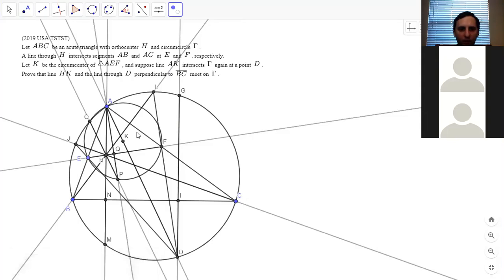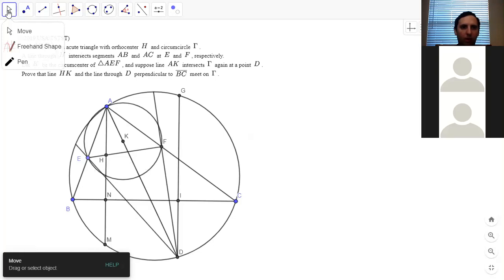You just hide everything which isn't related to the problem. Okay, all right, so I'll hide OJL. This. Oh, hold on, I still need to hide these segments.